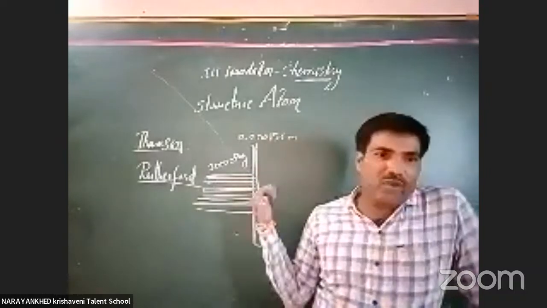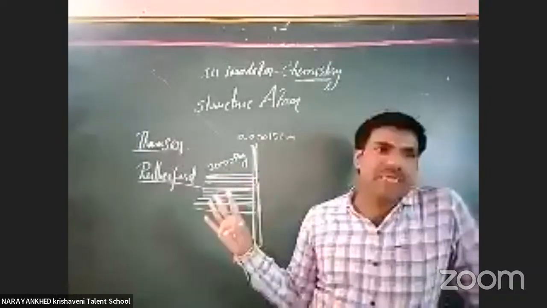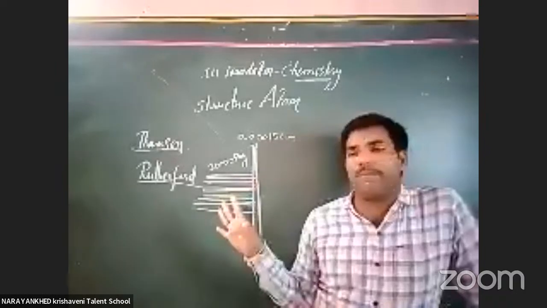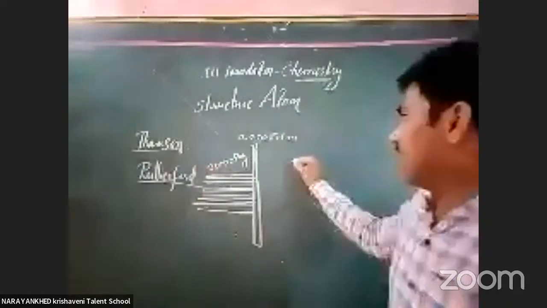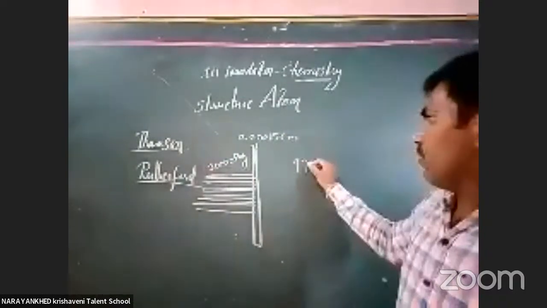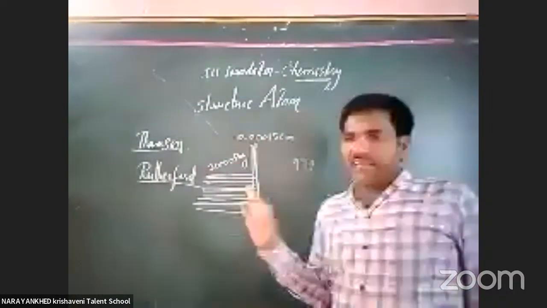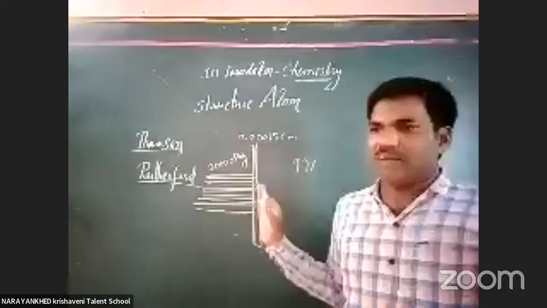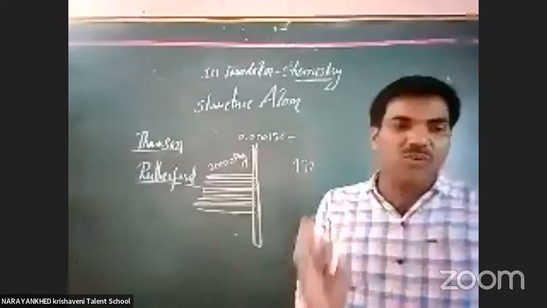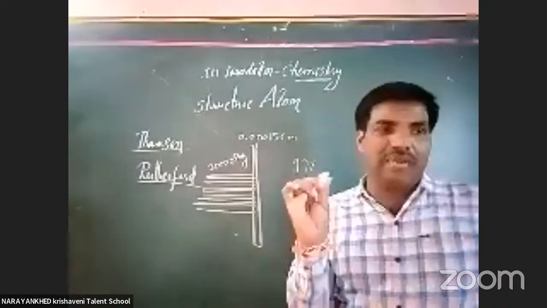The meaning of the penetration is that it contains large gaps. Our atom contains 99% gap only. Nothing will be there, no material, just gap, vacuum. In 1% only it contains material.